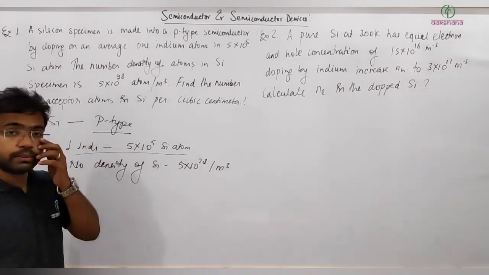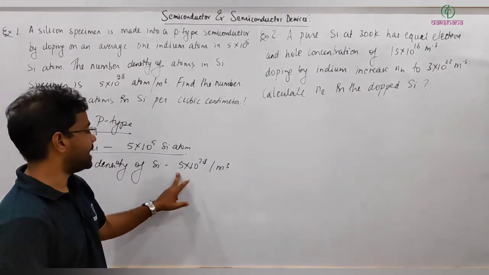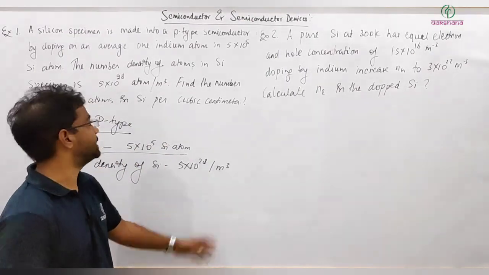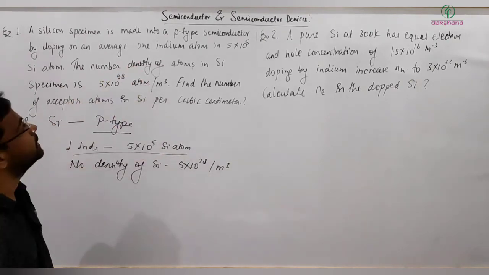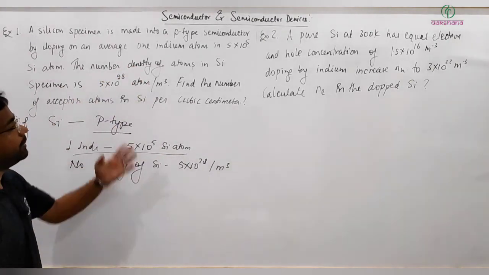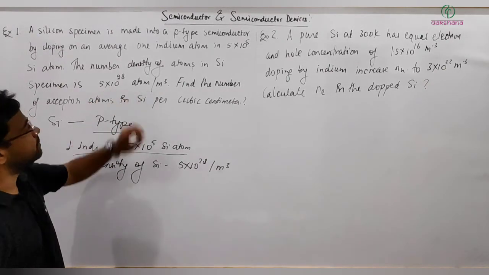So means like 1 meter cube of volume of silicon if we take, then it will have these many number of silicon atoms. Find the number of acceptor atoms, means like p-type, indium atom in silicon per cubic centimeter, and this is per meter cube.